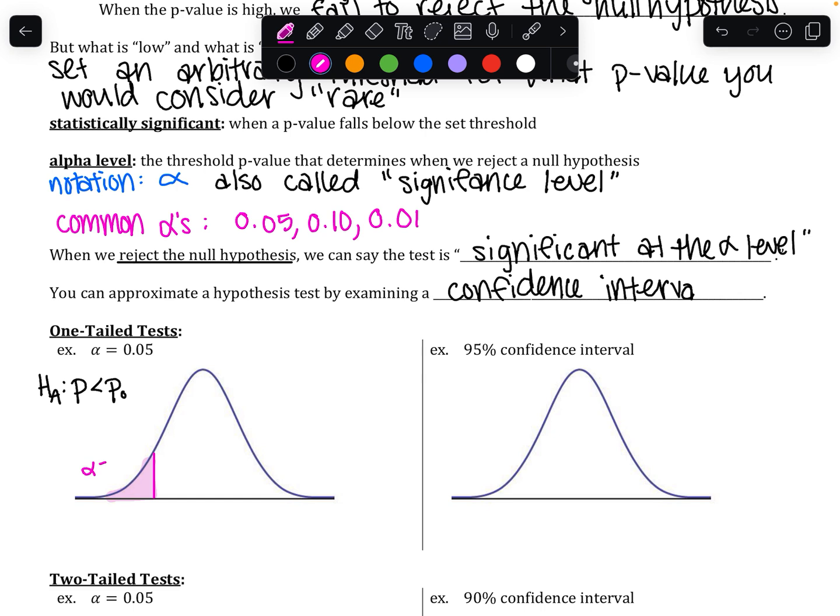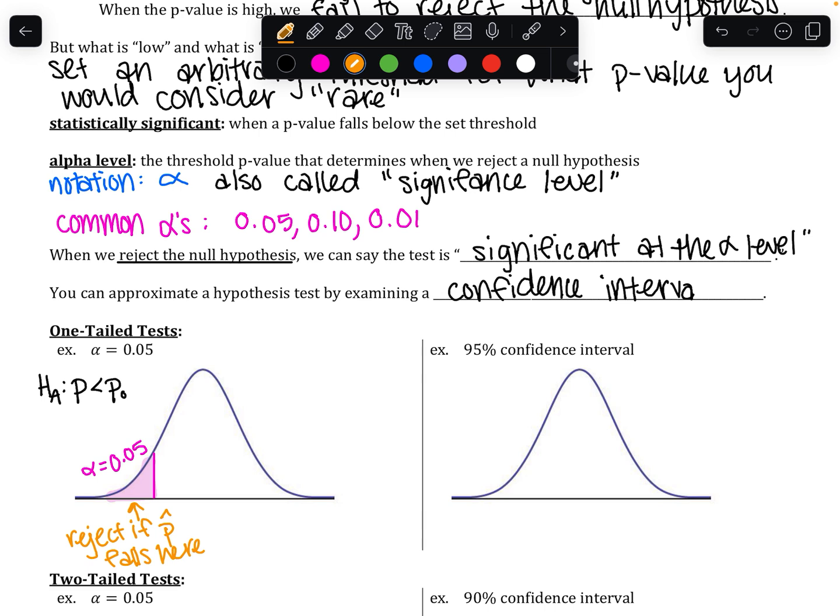This is my alpha of 0.05. We reject if p hat falls here, right? If p hat is 0.04, it's going to be to the left of that line, and then we would reject the null hypothesis, okay?